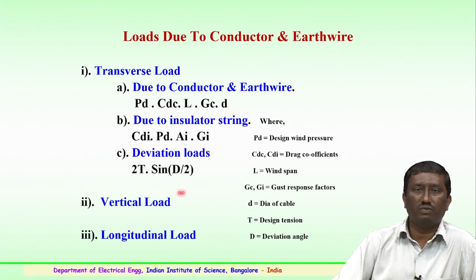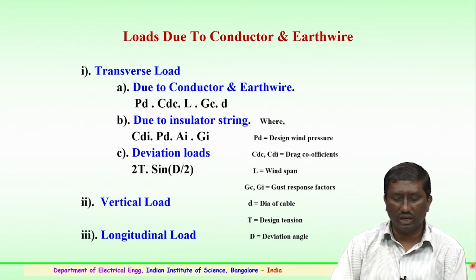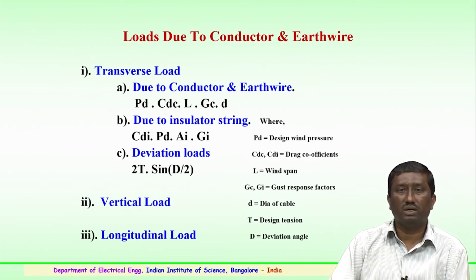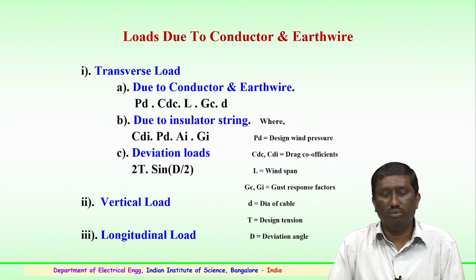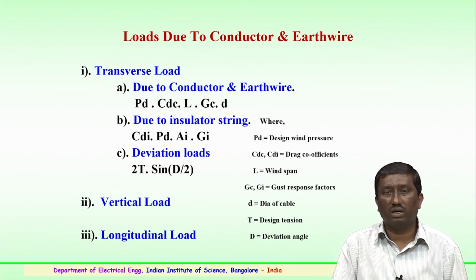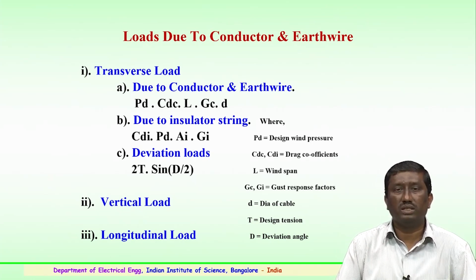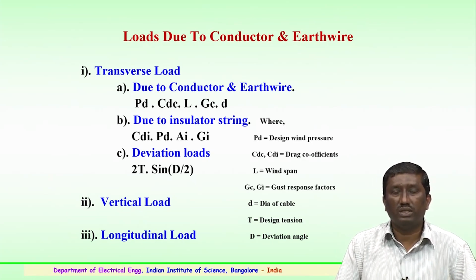Several of these factors are very clearly defined: PD is the design wind pressure at the location where the tower is situated, CDC and CDI are the drag coefficients because of the wind, L is the wind span, GC and GI are the gust response factors, D is the diameter of the conductor, T is the design tension, and theta is the deviation angle where the conductor swings.